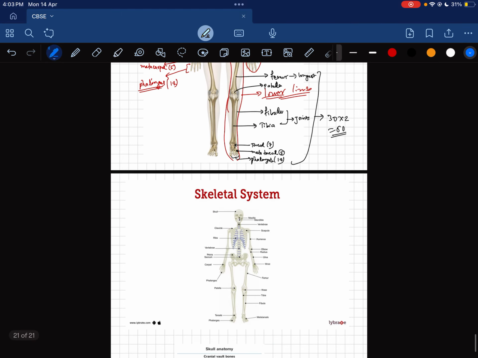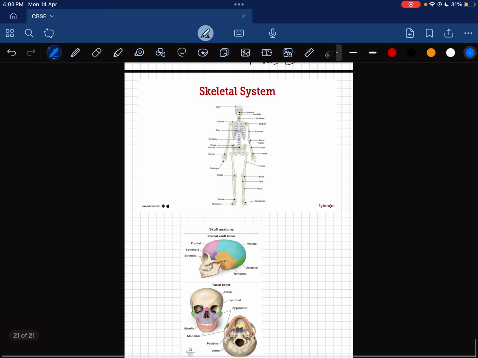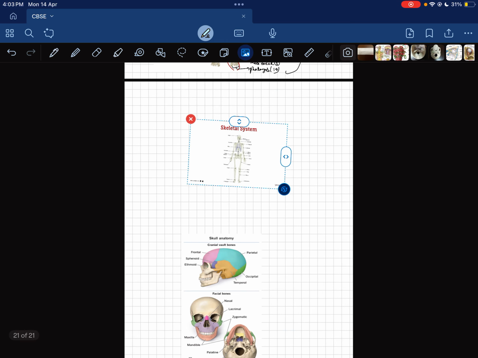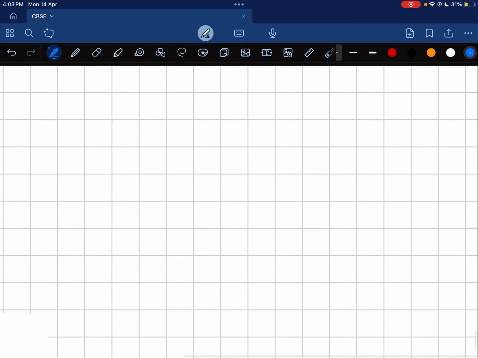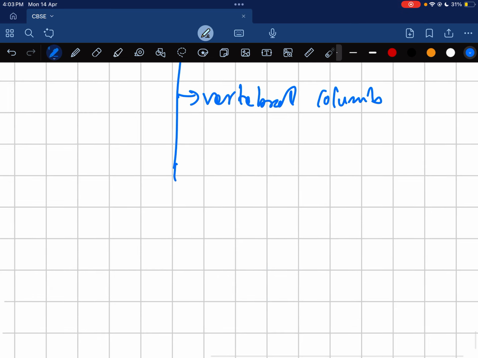Regarding the vertebral column, I'm going to write here. We have divided the axial skeleton into the vertebral column and head.